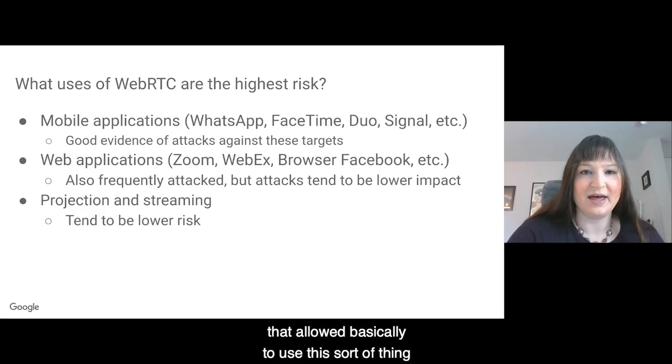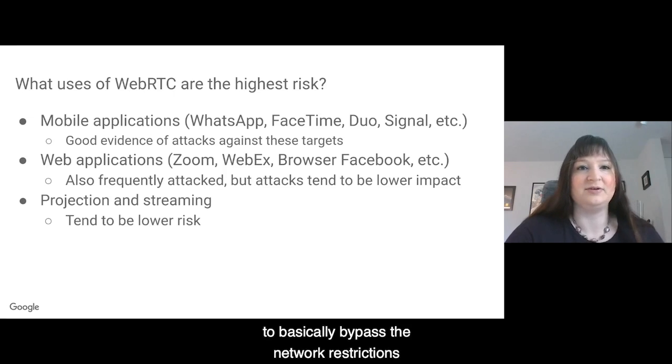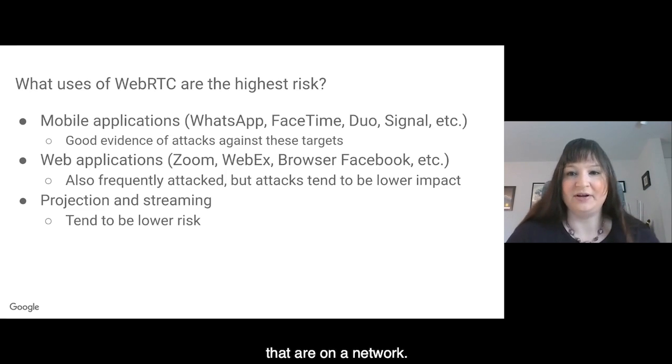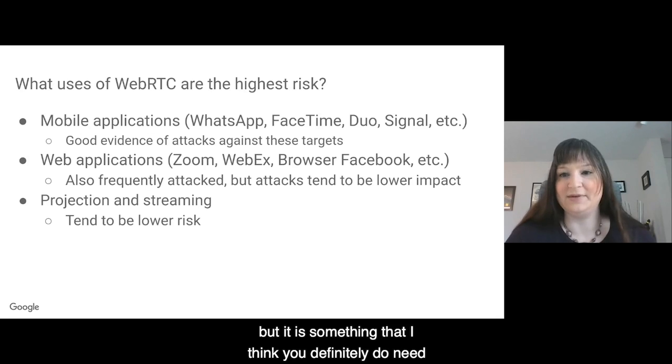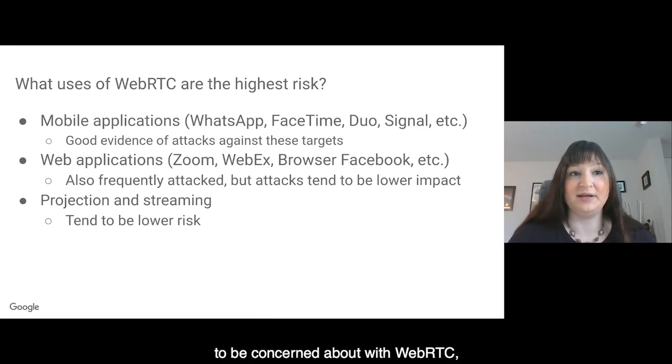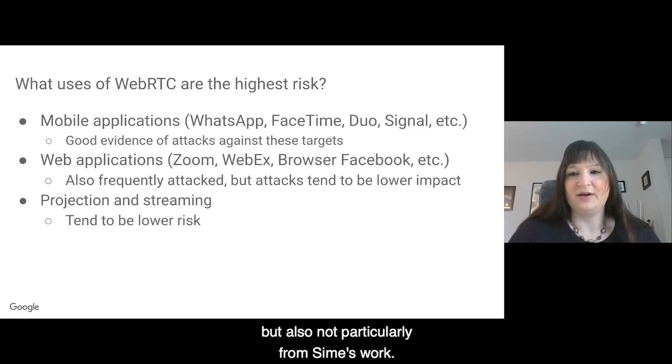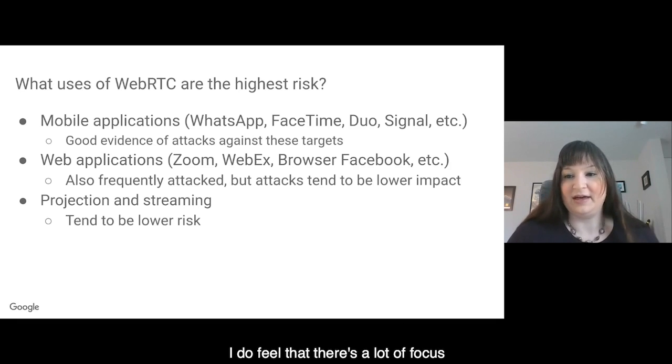vulnerability that allowed, basically, likely to use this sort of thing to bypass the network restrictions that are on a network. I'm actually not going to talk about this type of vulnerability, but it is something that I think you definitely do need to be concerned about with WebRTC. But also, not to take away from Sammy's work, I do feel that there's a lot of focus on this type of vulnerability, which does have some consequences.